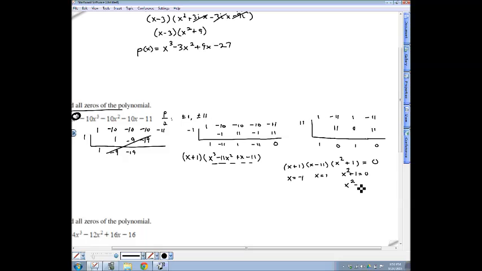If you subtract the 1, you get x squared equals negative 1. If you square root both sides, you get x equals plus or minus the square root of negative 1, that's the definition of the imaginary unit i. So that counts as 2 zeros. These were the other two: x equals negative 1, x equals positive 11.